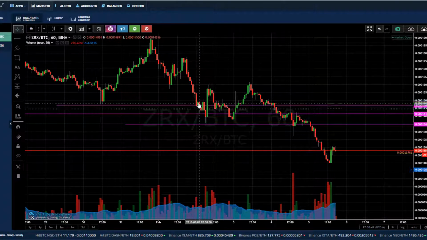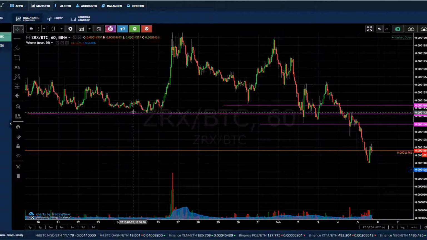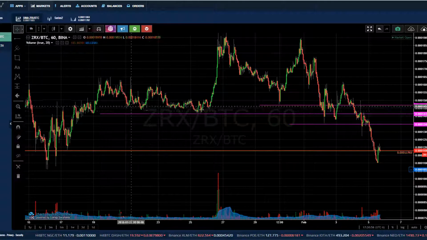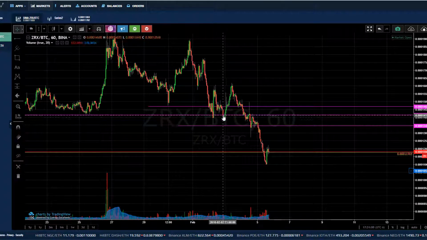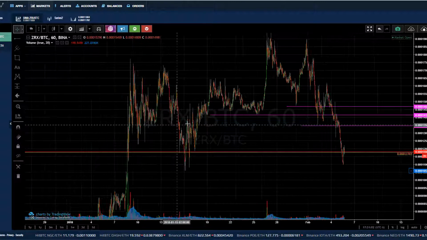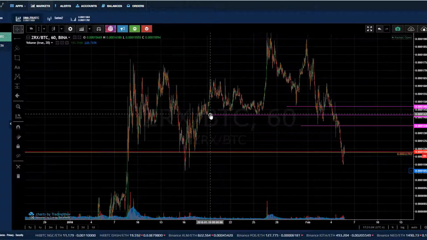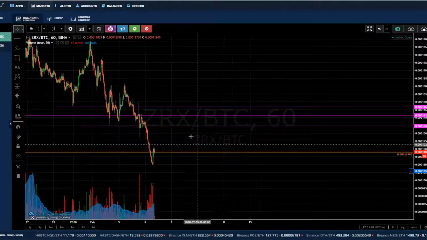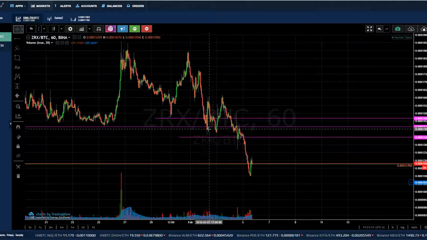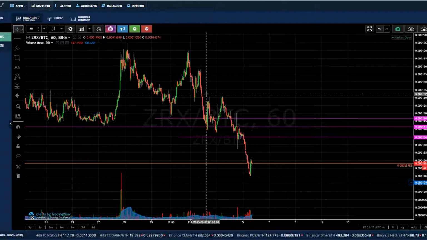But you'll see as it broke this other base that you drew here, that was really strong. I would consider this a strong base because it's been tested a lot in this chart. And if we go back, you'll see once it broke that, it shoots up, right? It broke that, it shoots up.